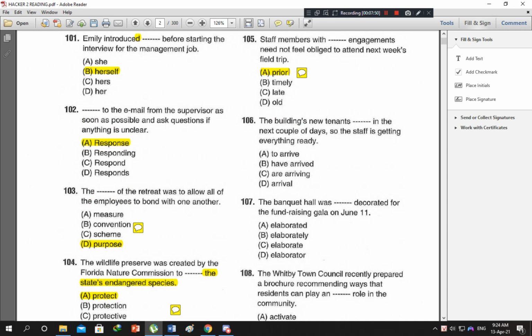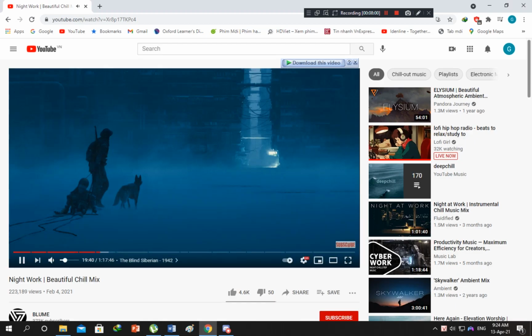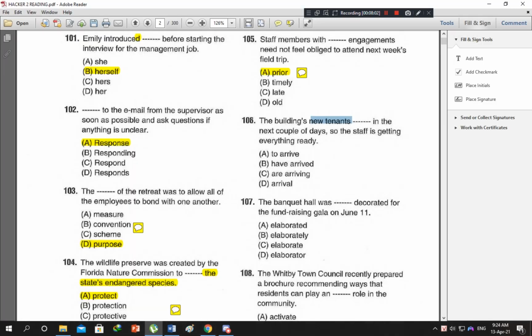106, the building's new tenants is the subject. If you look at the answers now, they are verbs. Tenants here are plural nouns, so the answer must be a plural verb.